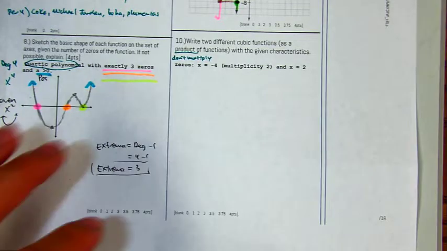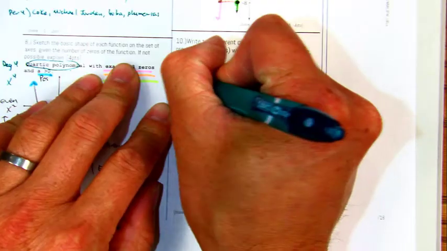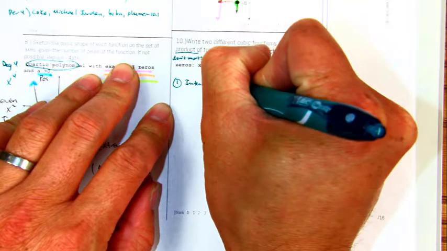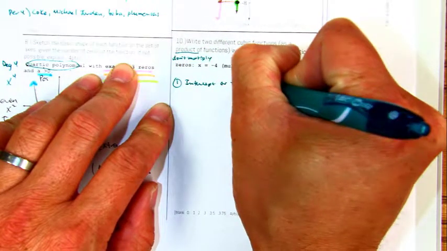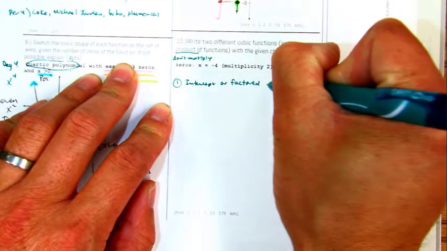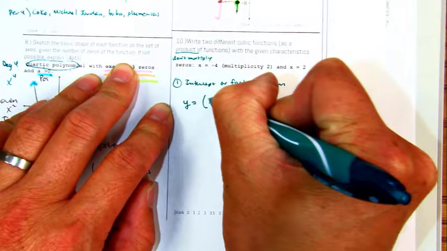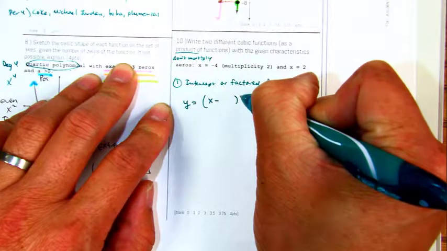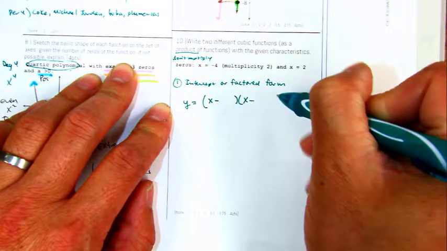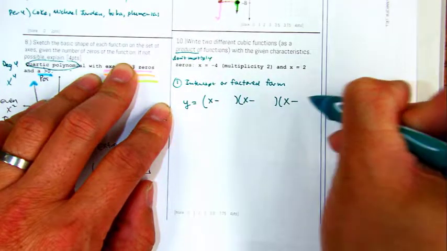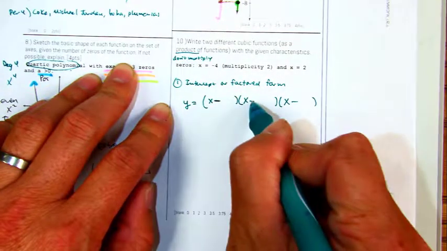So, first thing you're going to need is intercept or factored form. What is that? You have these binomials. And notice how in the formula I have this minus sign. Let's make that obvious, minus sign.